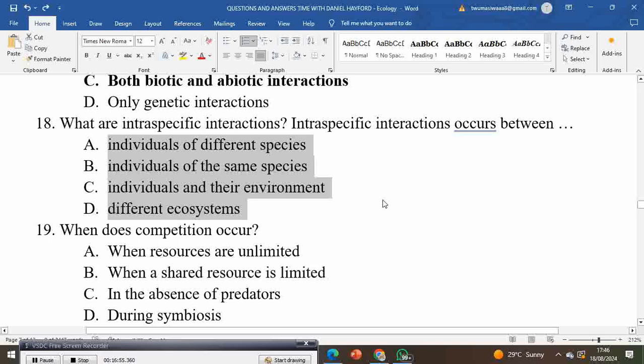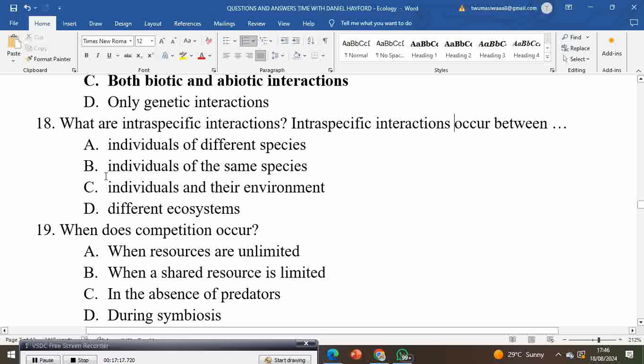Okay, so assuming you've already made your choice, which one do you think should be your option? Intraspecific interactions occur between individuals of different species, individuals of the same species, individuals and their environment, different ecosystems. What is your best answer?